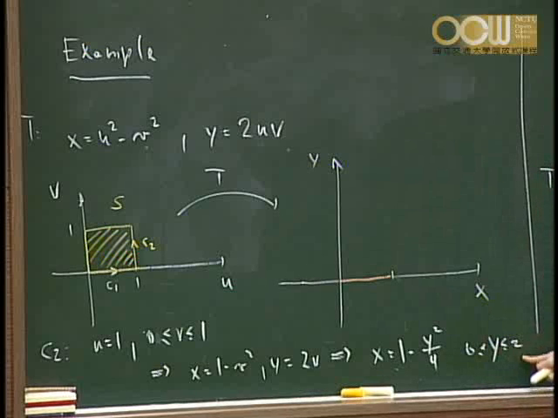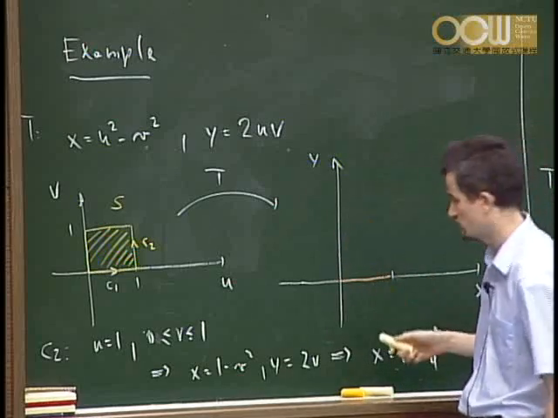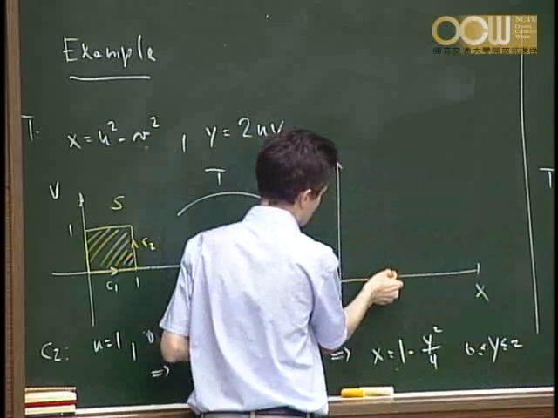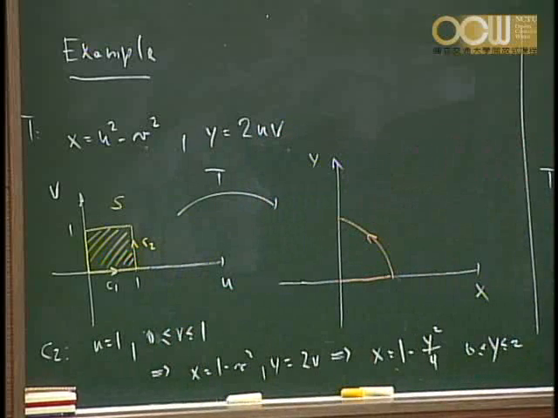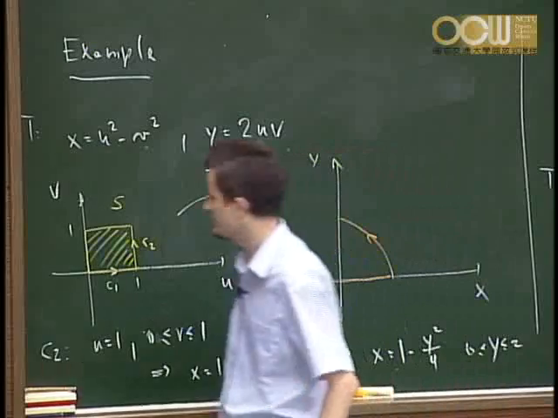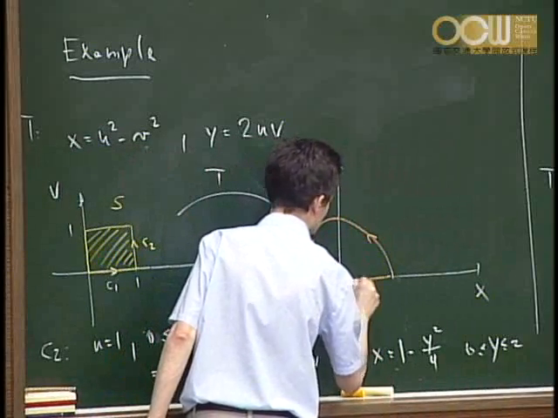If Y goes up to 2, then here you are at X equal to 0. So this looks like this here. Now, because of symmetry, you can easily guess that for the other parts you walk down here again, and then you walk like this.